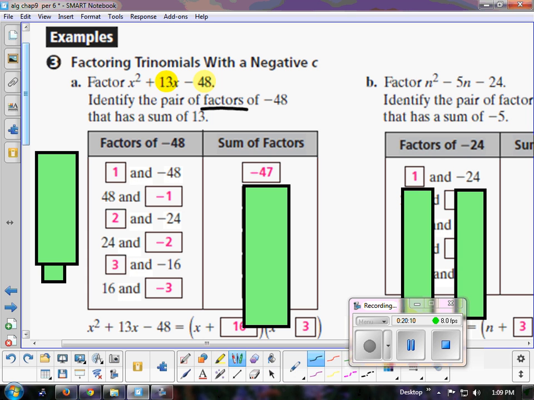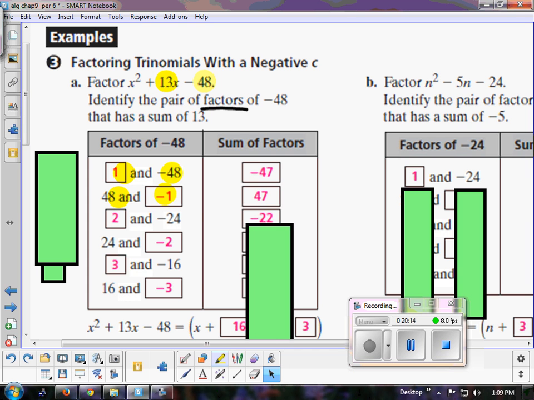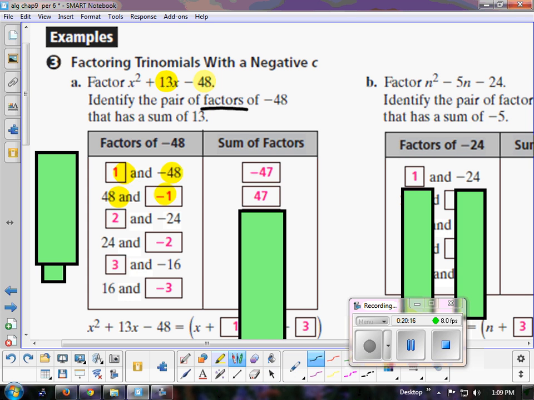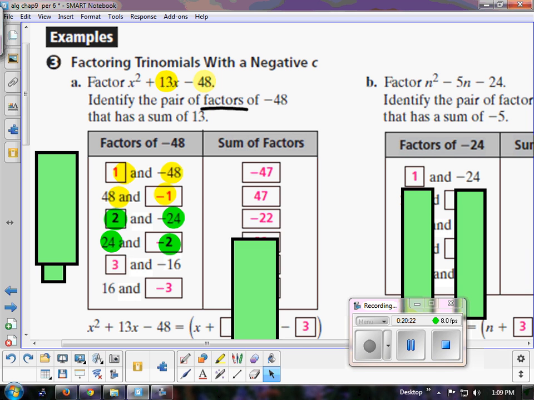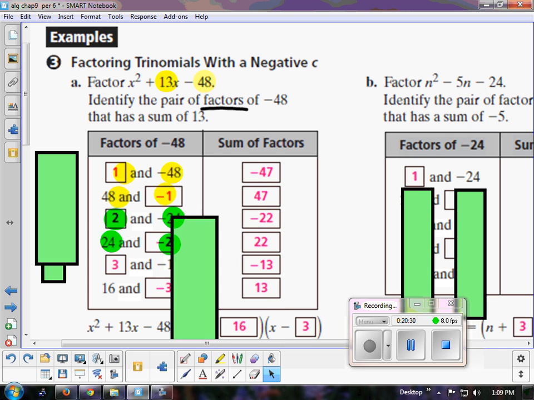So they started with 1 and 48. That didn't work. Then they went to 2 and 24. That's not going to work. 3 and 16, and negative 16 and 3 is the one that works.